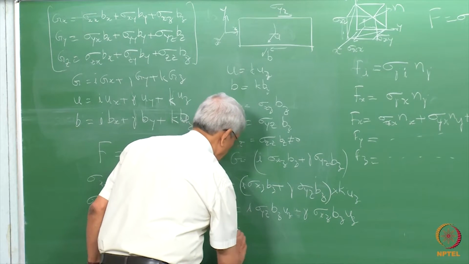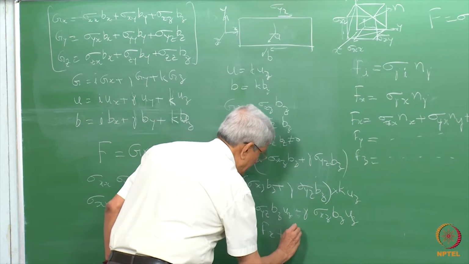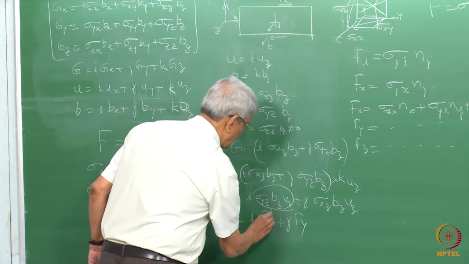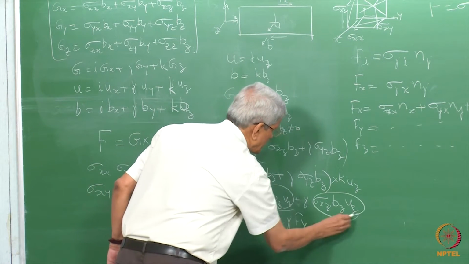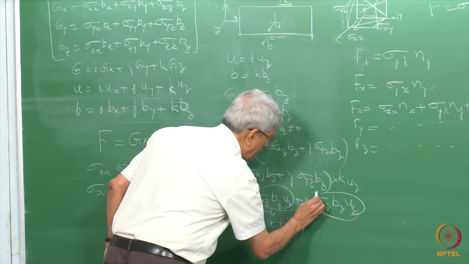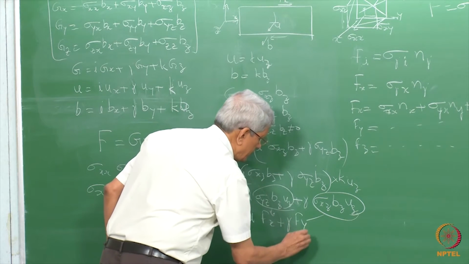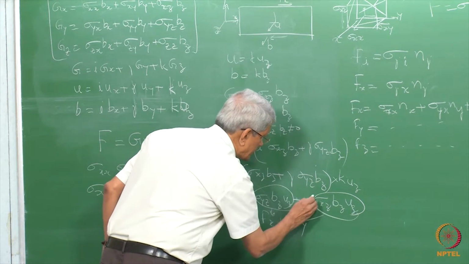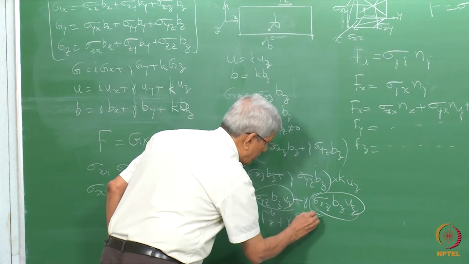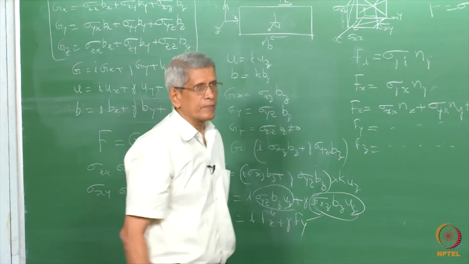Now we can find out what this means. This can be written as F equals I into Fx plus j into Fy. This term equals Fx, and this term, with a minus sign, will become Fy, correct?